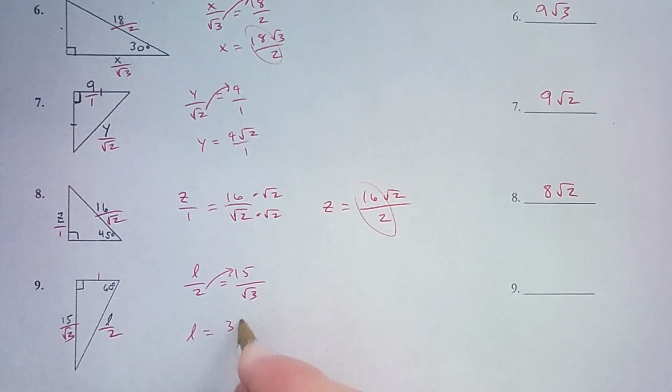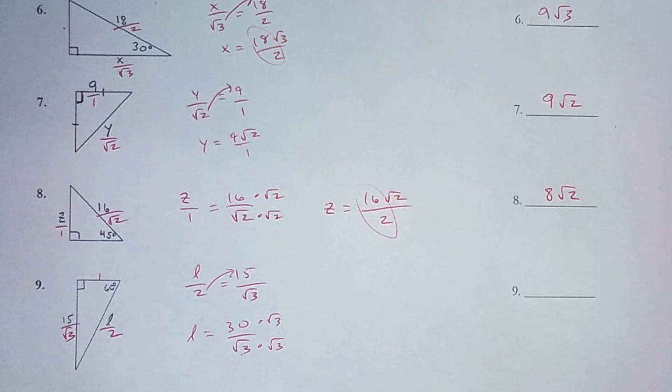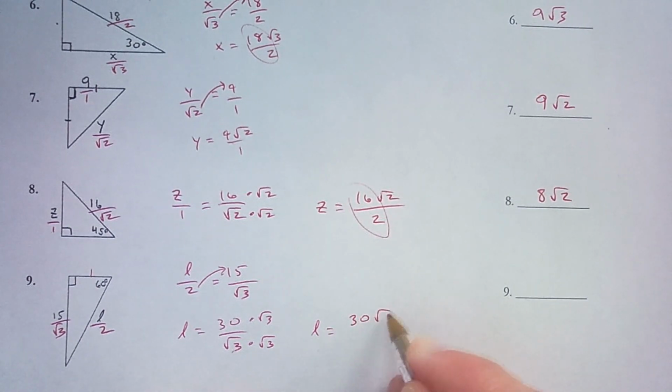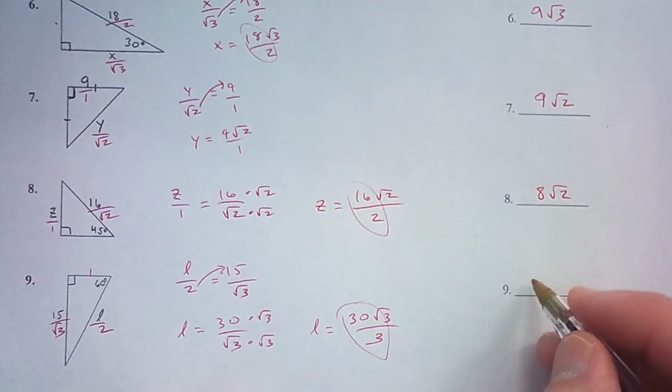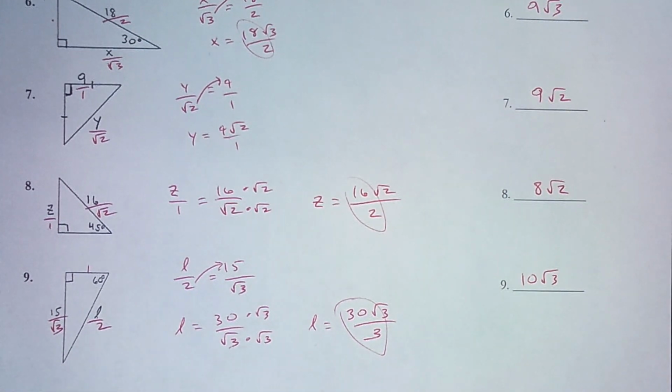I get L equals 30 over the square root of 3. And now I need to rationalize the denominator. So square root of 3 on top and on bottom. So I get L is 30 times the square root of 3 over 3. And 30 is divisible by 3 10 times, so I get 10 times the square root of 3.